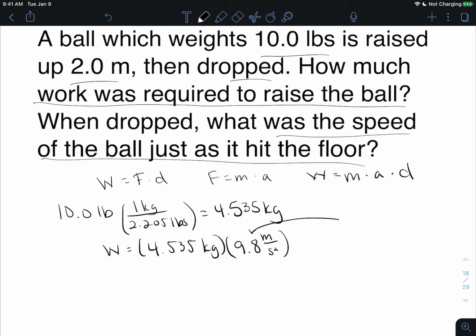So falling object, our acceleration is equal to gravity. Okay? And then multiply it by our distance, 2.0 meters. And when we do all this, we get 89 kilograms times meter squared over second squared, which is the same as joules. Now, let's assume that all the work can be converted into kinetic energy.